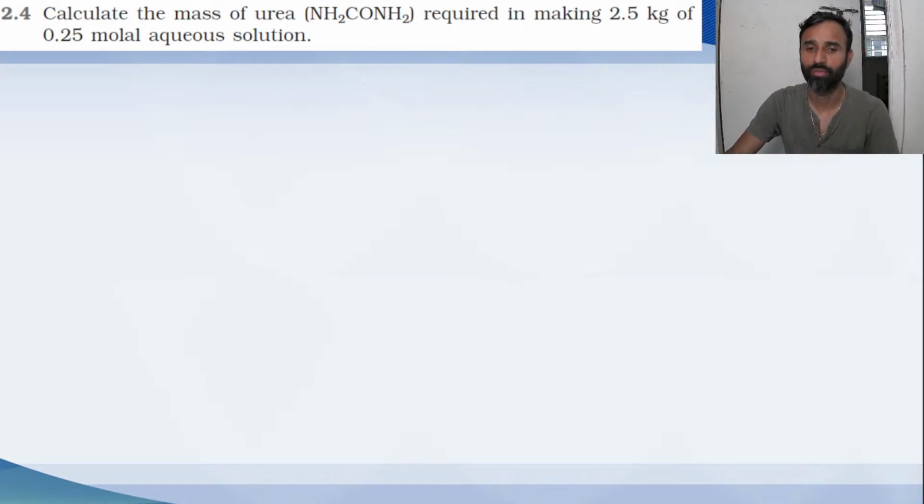The next question is to calculate the mass of urea required in making 2.5 kg of 0.25 molar aqueous solution.